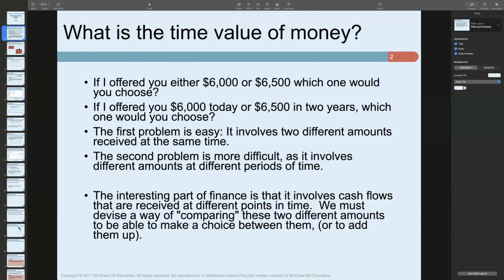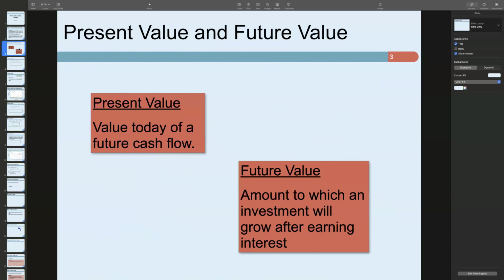I'm using these slides to explain what exactly net present value is. The present value is the value today of a future cash flow. Like in this example, in 2 years you will get 6,500. And the future value is, if you invest today, how much would it be in 2 years?